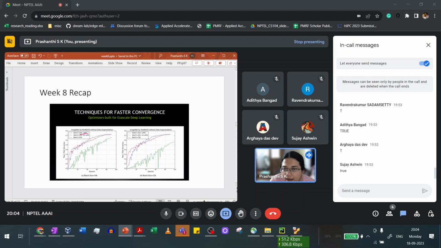So with LARS, which is a custom optimizer, you can see that the 16K batch size is able to reach the same accuracy as 256, meaning that your large batch size issues are no longer there. But if you don't use LARS, you see that the accuracy drops, which you don't want. And you can see that here also. So this is the effect of optimizers for deep learning.